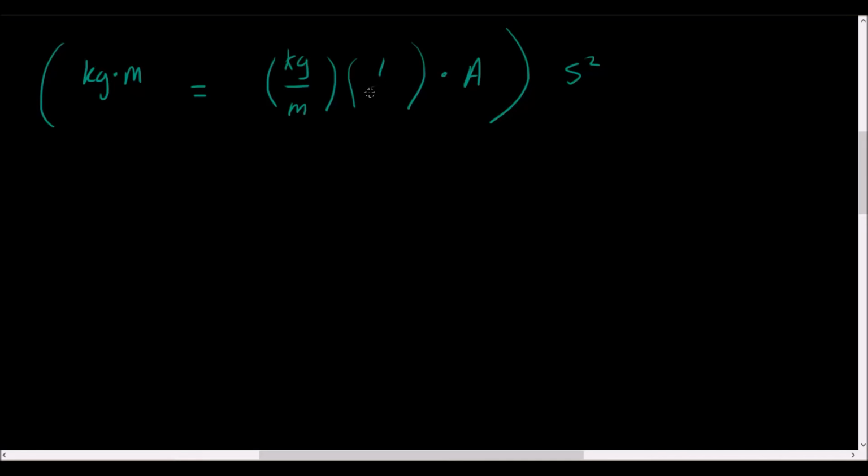this turns into 1 over 1, which turns itself into 1. Let me write it out below. 1 times anything is anything, and we still have that A. Same rule applies with the kilograms, so I can cancel these out as well.